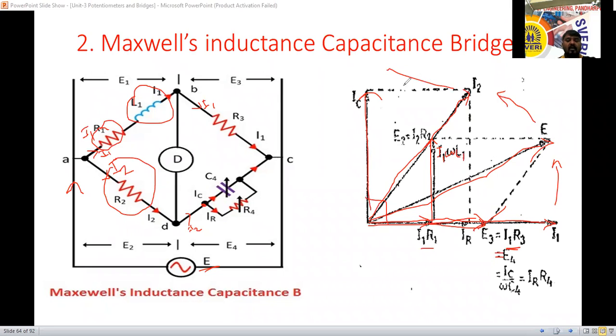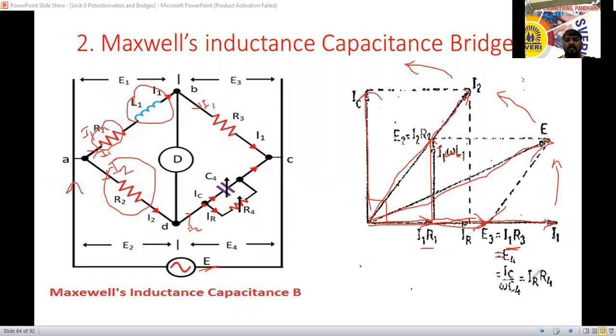In the anti-clockwise direction, consider IC, I2, E and I1. Which one is leading, which one is lagging? Anyone can tell me? IC leads I2, E and I1, which lag.